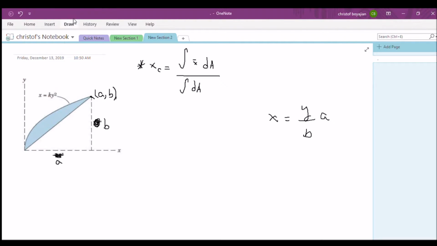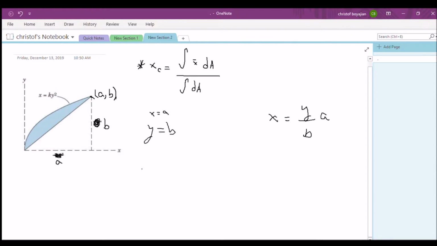Okay. Now, actually, we don't know what k is. K is some multiplier, but we don't know what k is. We can solve for k too. So let's go ahead and solve for that as well. So let's pretend that x is a coordinate a and y is a coordinate of b, because that's a coordinate that we know. Okay, so let's suppose x is equal to a and y is equal to b. So now let's try to solve for k.